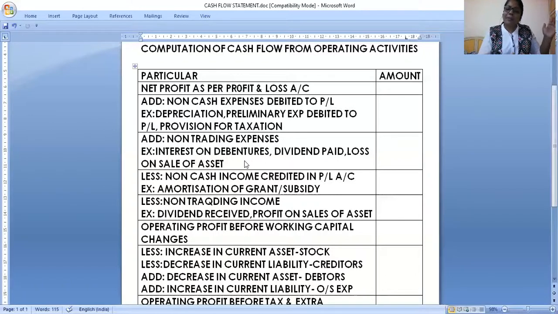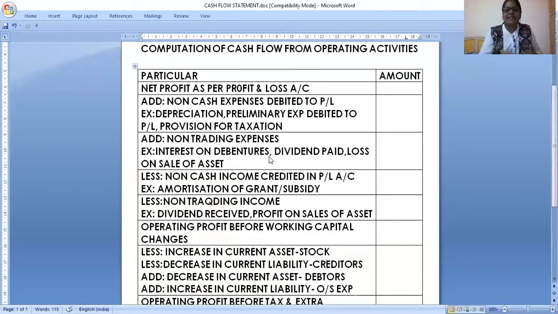So why do you want to debit it here? Will you debit it twice? If you debit, it means it's an outflow. So interest on debentures is paid in cash, 5 rupees, but it's already shown as an outflow in your financing activity. So here I don't want to show it as an outflow. So all non-trading expenses like interest on debentures, dividend paid, loss on sale of assets, add back. Why add back? Because these are non-trading expenses.